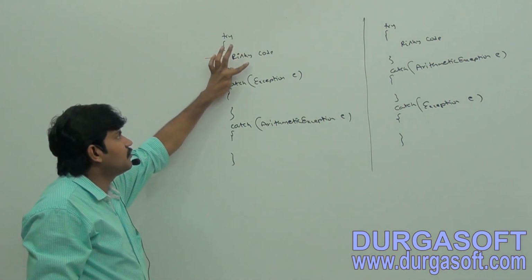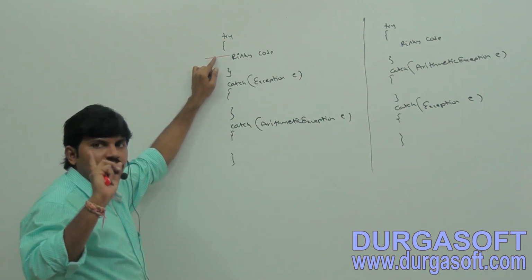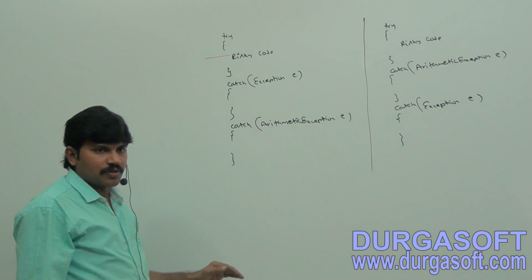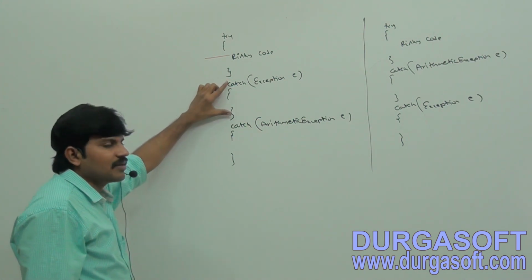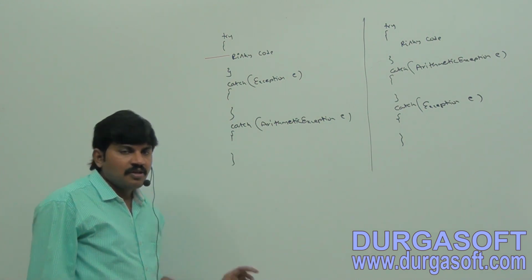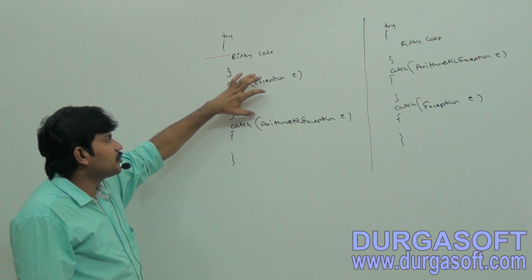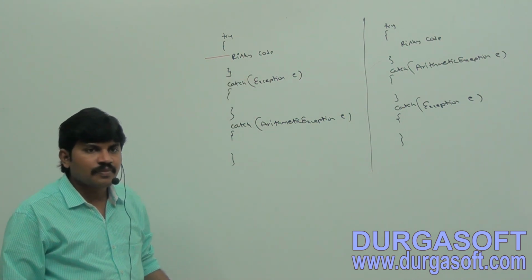Immediately the JVM is going to check. The JVM will always contact the catch blocks from top to bottom. So first the JVM contacts this one: hey, catch block, can you handle null pointer exception or not? What answer can this one tell? Yes, I can. This one can handle it, the problem is solved.